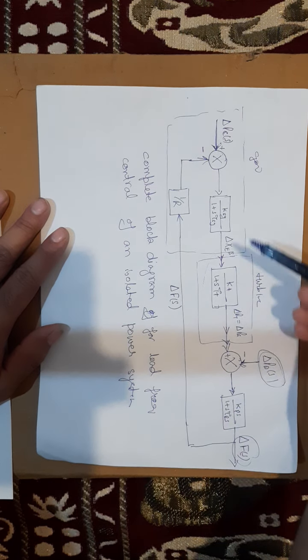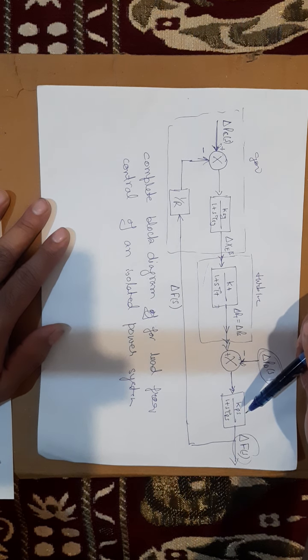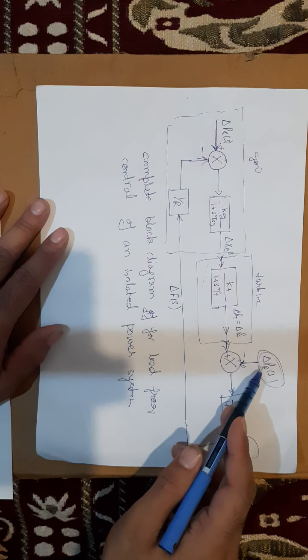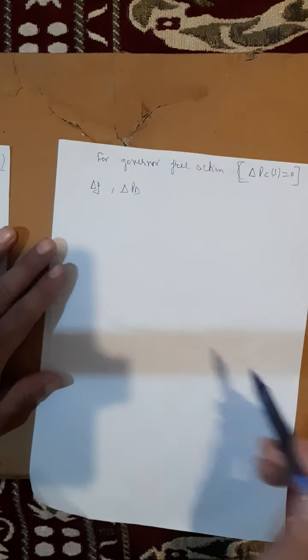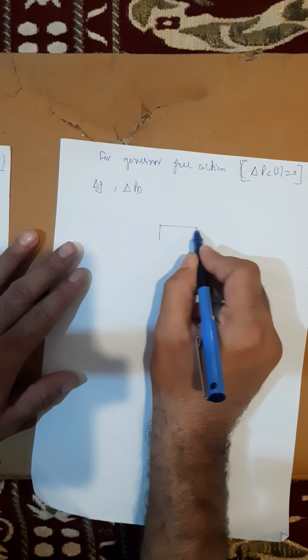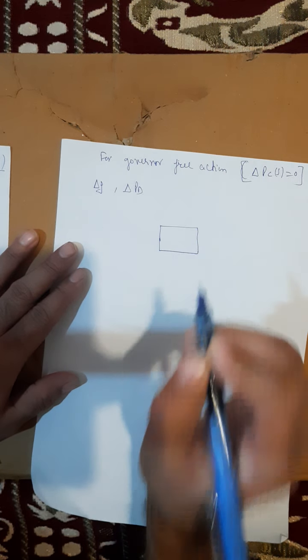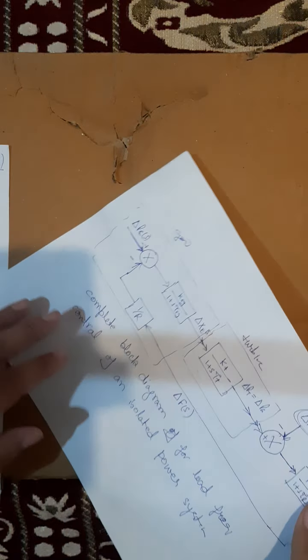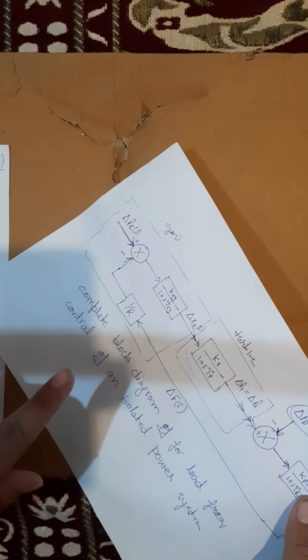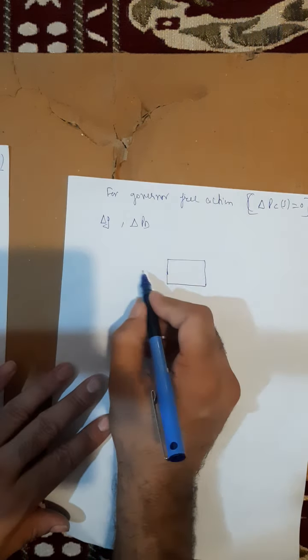Delta Fs will be equal to Kps. At that time the system will behave like, let me draw, this whole will be in the feedback.